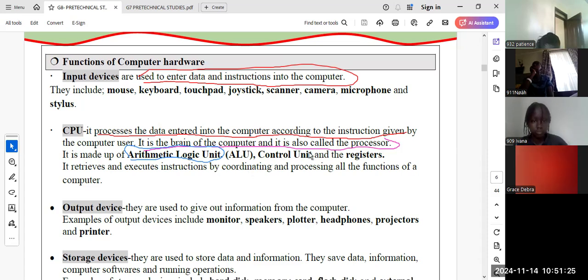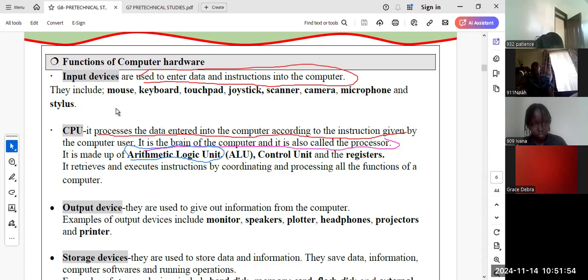Now we have the control unit, which controls all the processes that are to be done in a computer. And we have the registers, the ones that store the processed instructions. Remember, we said that the CPU is a component of the computer hardware that is used to give instructions and process them according to how the instructions are given.